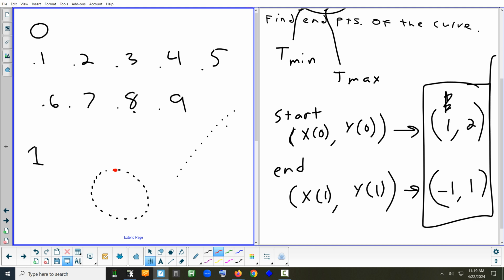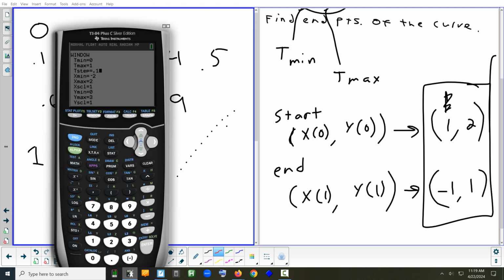But if you plot, say, 4 dots, it's going to look like a diamond when you draw it. Because the calculator is going to do 4 dots on the circle, and it's going to connect each dot with a straight line. It's not going to look like a circle. So there's a balance between how many points you need to make it look good, but you don't want to do so many points that it starts to slow the calculator down.